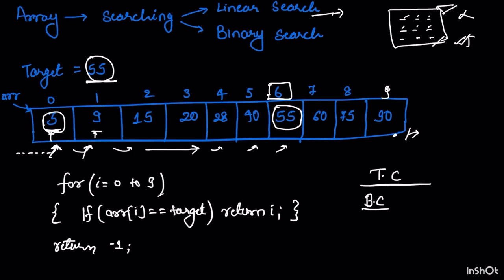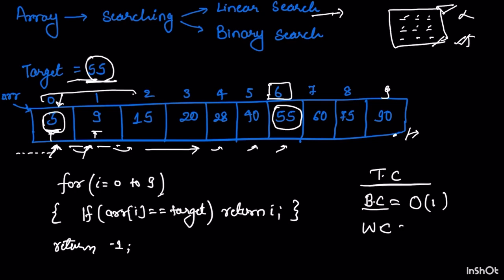So the best case time complexity will be order of 1, like in one comparison or two comparison or three comparison, we can say that element is present. So when the target element is present on the first index or somewhere near to the first index, we can say it is the best case. That will form the best case with time complexity of order of 1.